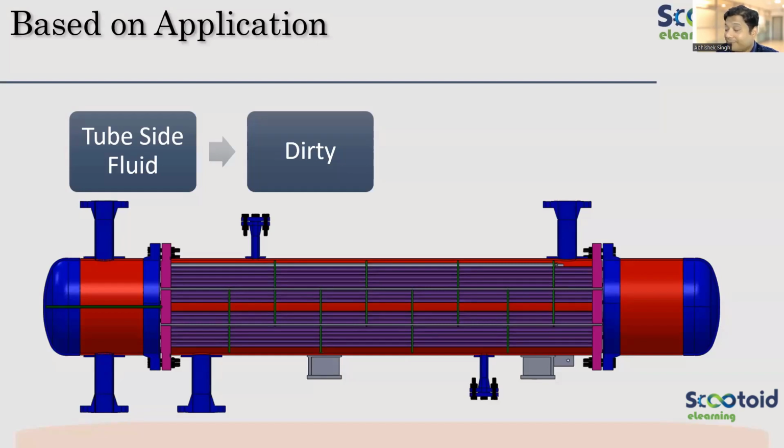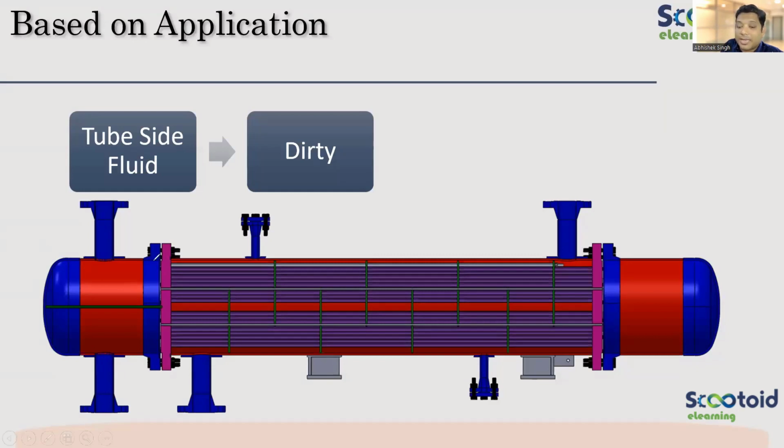Is it possible to have this configuration? If my tube side is dirty and shell side is clean, will it be suitable? Yes, because I'll unbolt it.